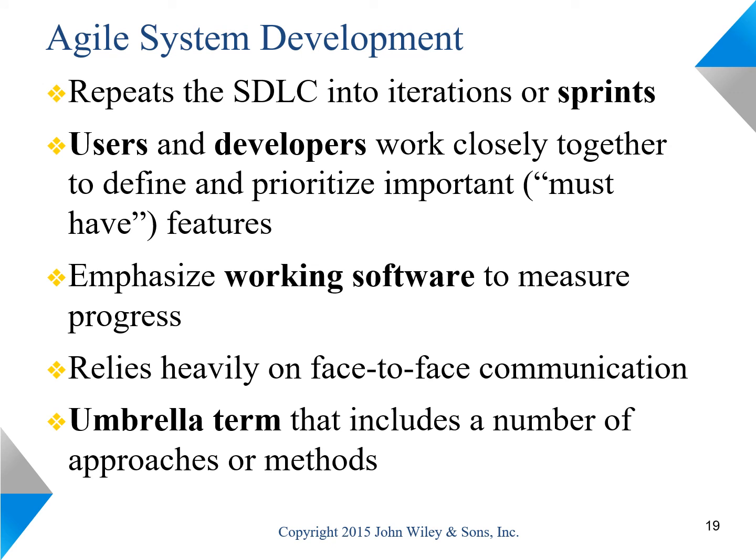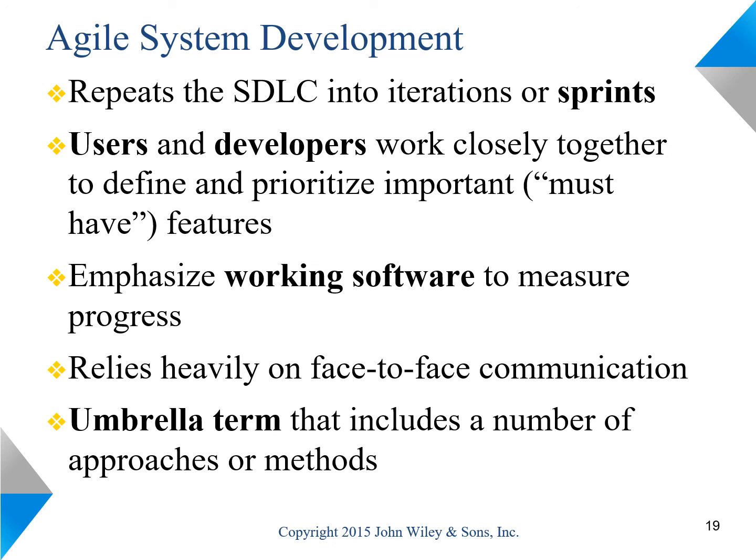So Agile approach repeats the SDLC into iterations, which are called sprints. Users and developers work together to continually define and prioritize the most important or must-have features. The emphasis in Agile is to release working software.